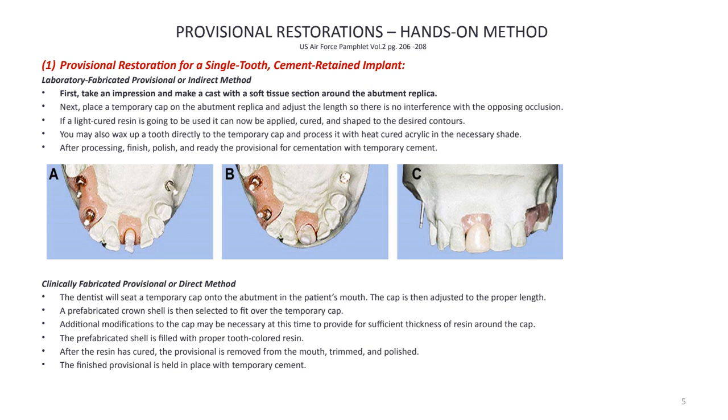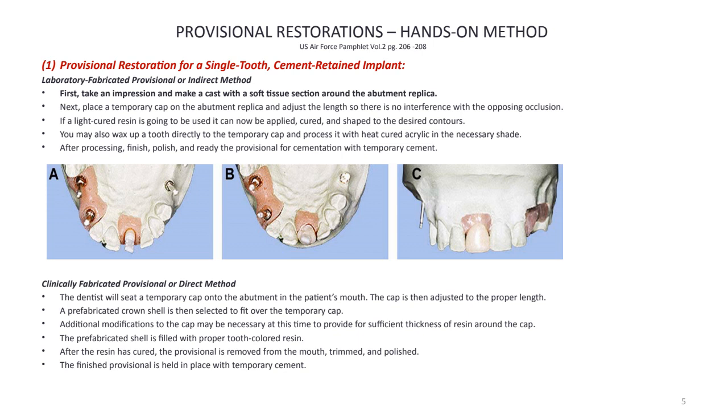Those are the laboratory fabricated provisional or indirect method. First, take an impression and make a cast with a soft tissue section around the abutment replica. Next, place a temporary cap on the abutment replica and adjust the length so there is no interference with the opposing occlusal.